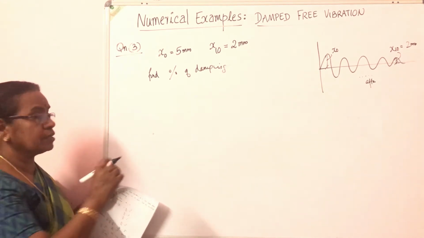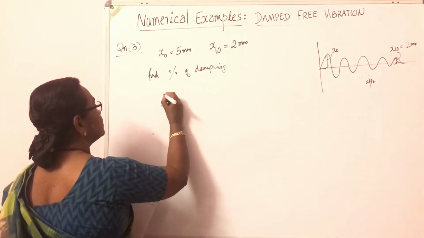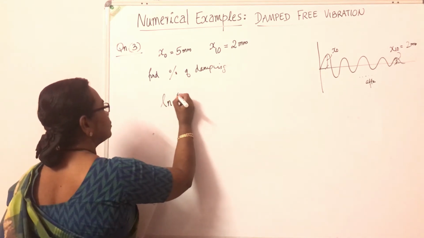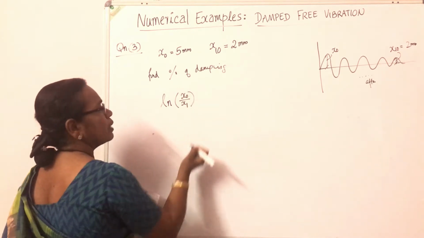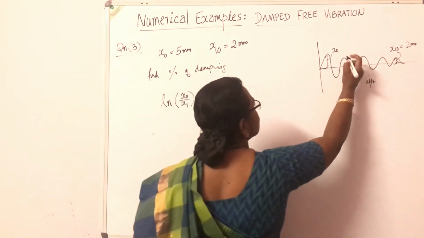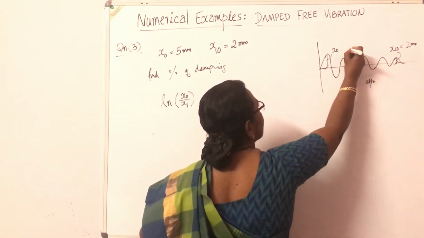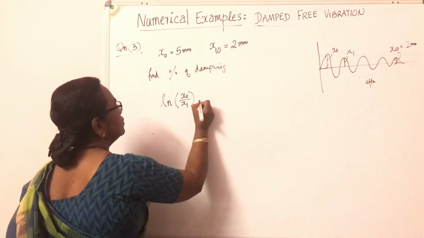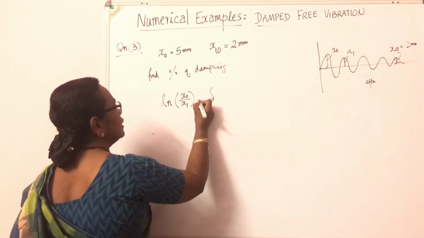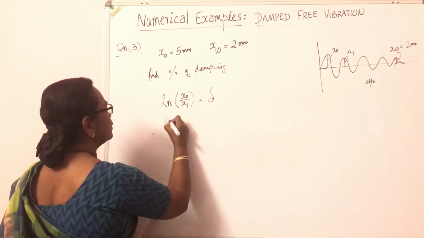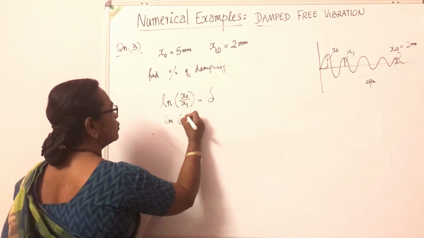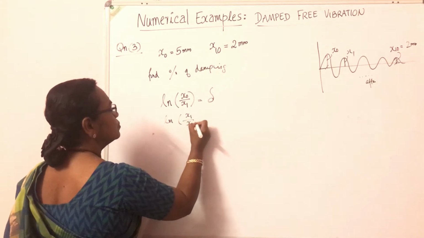So we have mentioned the concept of logarithmic decrement. The natural logarithm of two successive amplitudes x0 by x1 is called the logarithmic decrement delta. Similarly, I can also write the natural logarithm of x1 by x2.